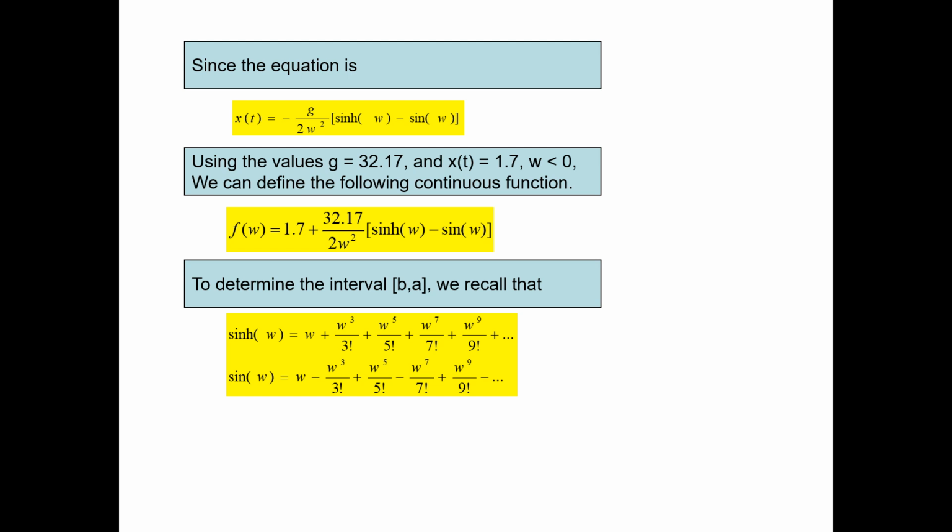So if we subtract the quantity sin w from the quantity sinh w, and divide the difference by w squared, we will have the following expansion, or the following series.